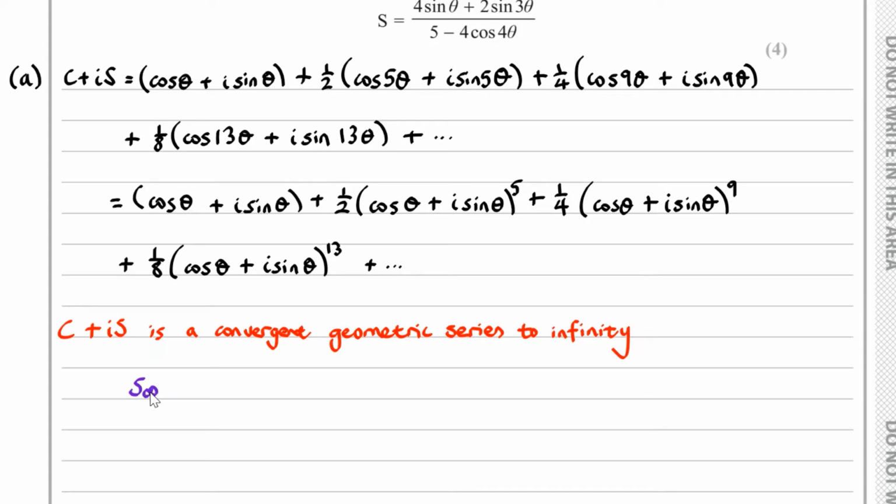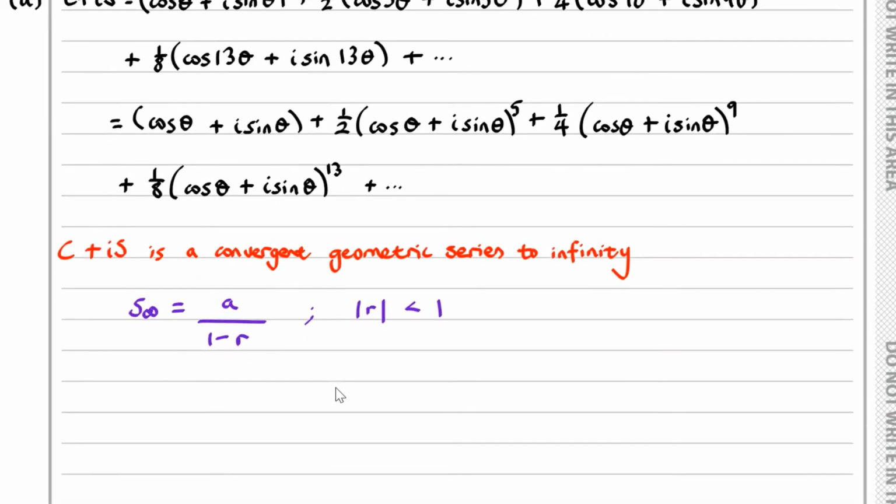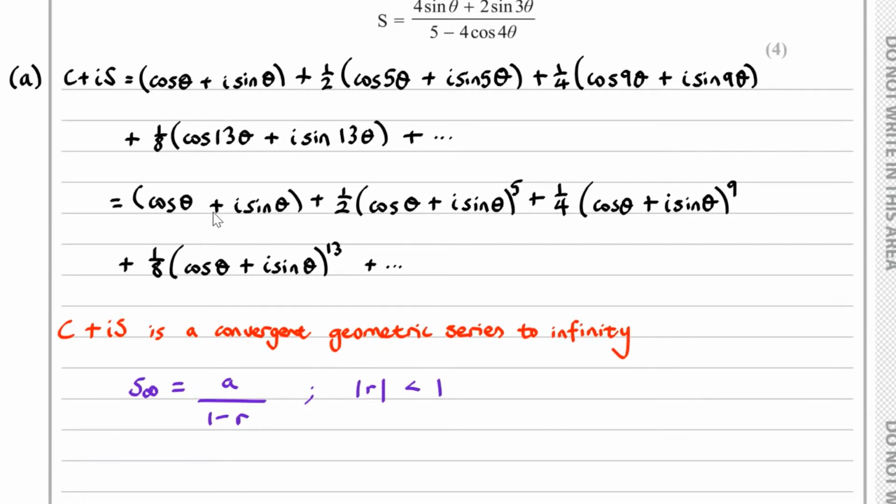The sum to infinity is equal to a over 1 minus r, where the mod of r is less than 1. Okay? So our first term a, that's equal to cos theta plus i sine theta. Okay, that's this term over here.